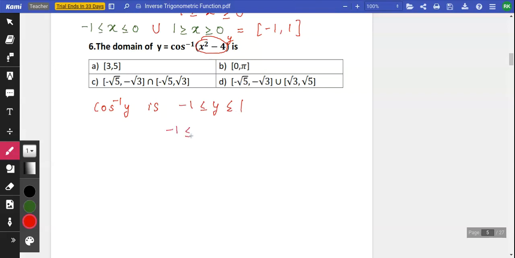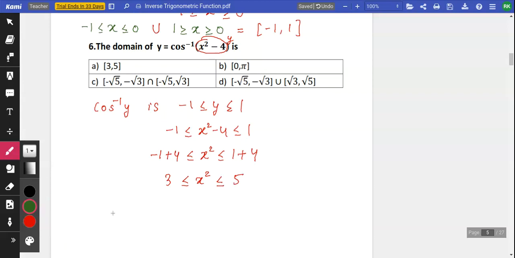Put the value of y, x square minus 4 is less than or equal to 1. Add 4 both sides. X square is less than or equal to 5, and 3 is less than or equal to x square. So 3 less than or equal to x square less than or equal to 5.